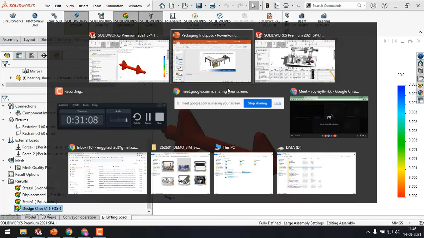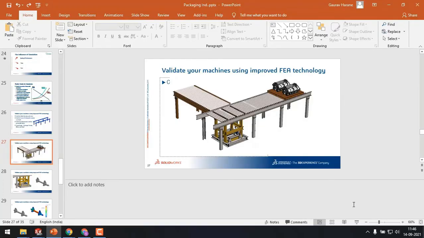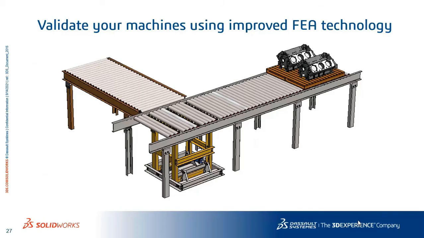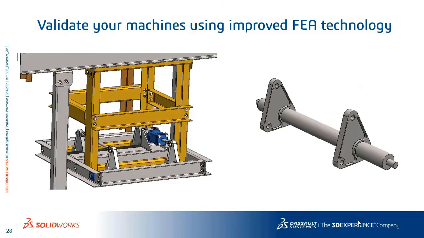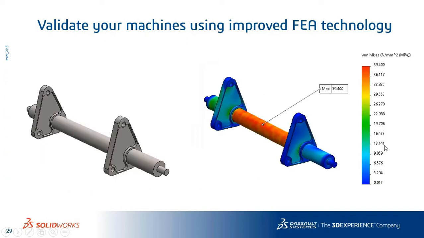So once you are sure that your product would not fail, it is easy for you to go ahead and manufacture your product. So what we have seen, we have taken this actuator part which is playing a very important role in taking the load, and we have done the FE analysis and checked its stress value, displacement value, and factor of safety value when the load is coming on the part.